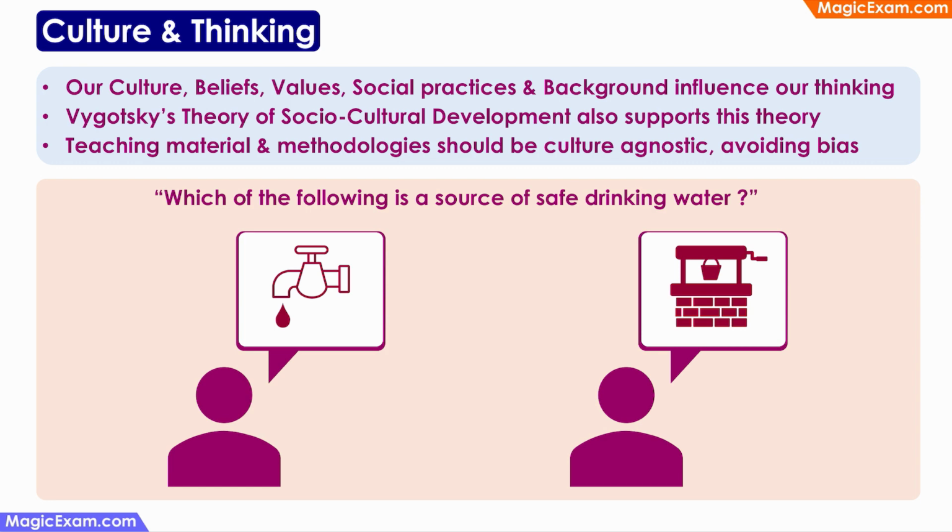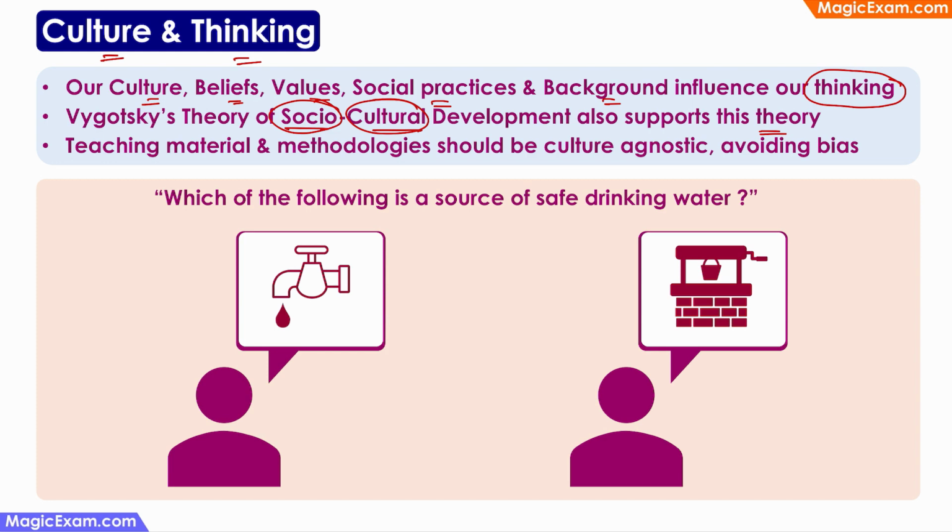Next, let us look at the connection between culture and thinking. Now our culture, our beliefs, values, social practices and background influence our thinking to a large extent. Vygotsky's theory of socio-cultural development also supports this, because he says that social factors and cultural factors, that is the S and the C out of his SCL, affect and influence cognitive development.